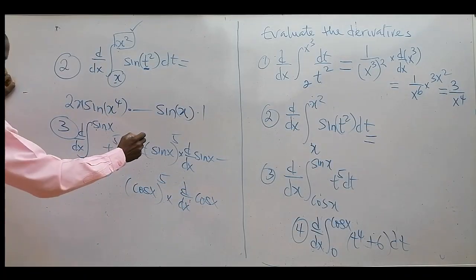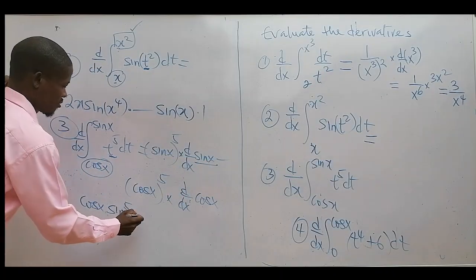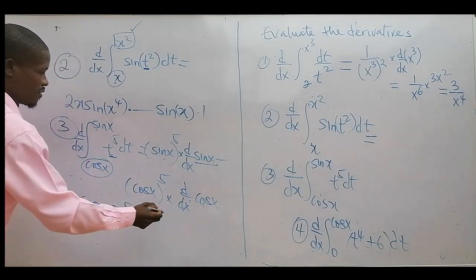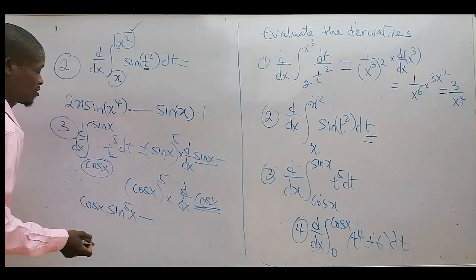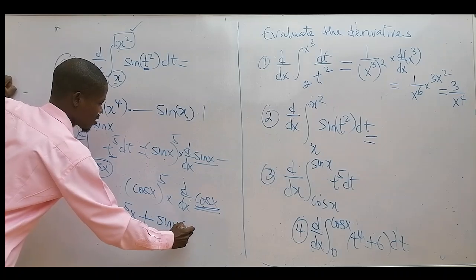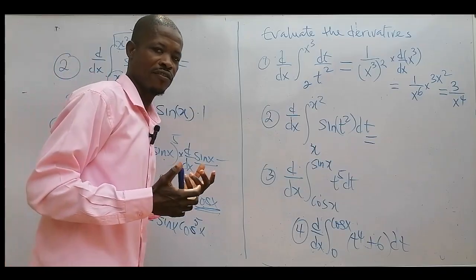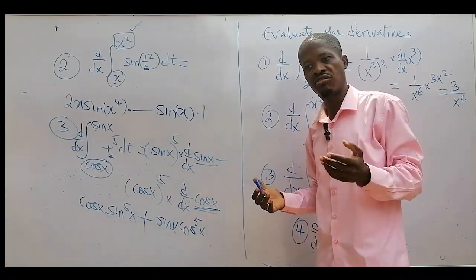So the derivative of this one is cos x times this one, then minus this one. The derivative of cosine is minus, so we have a plus now, sine x to the power 5 times sine x. So that's where we're going to drop the topic of derivatives of integrals.